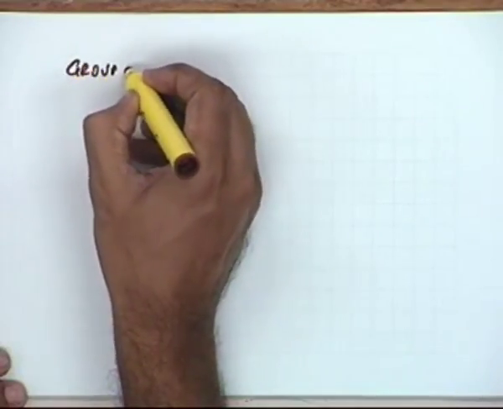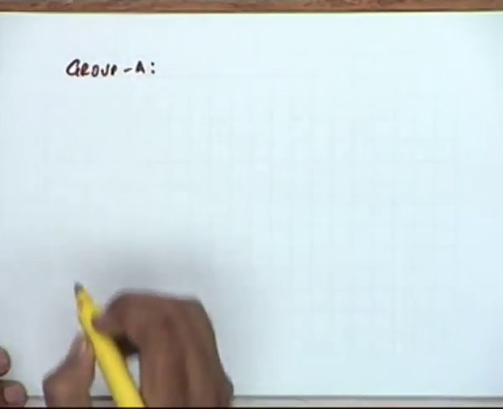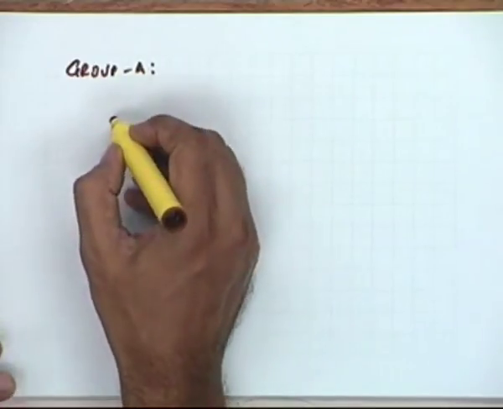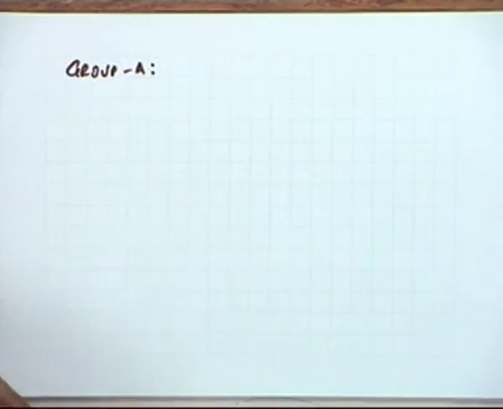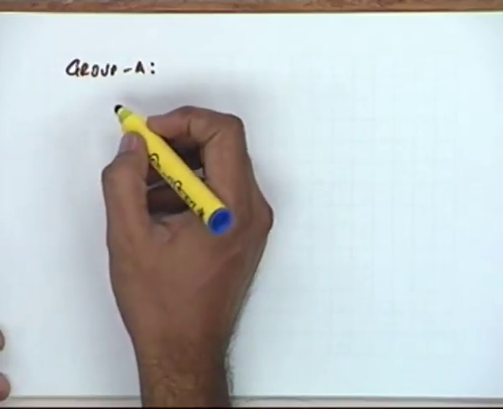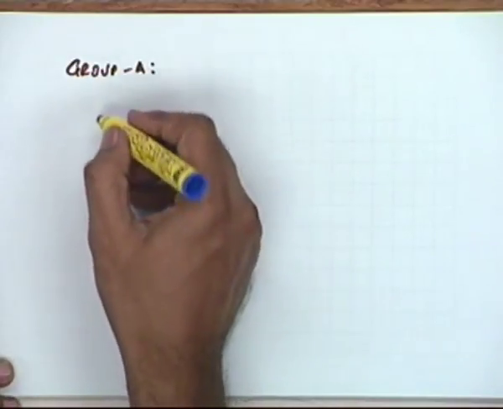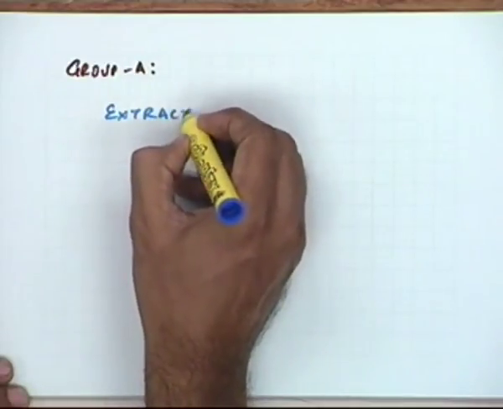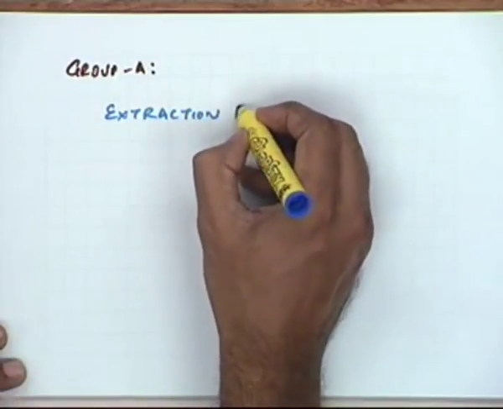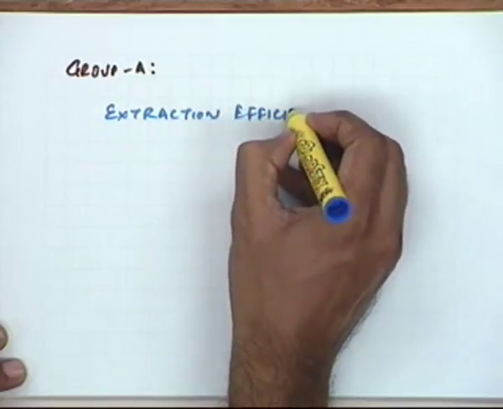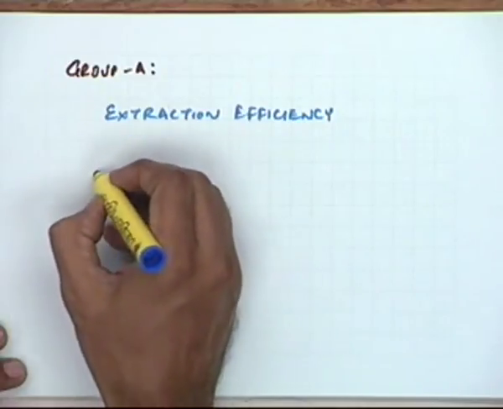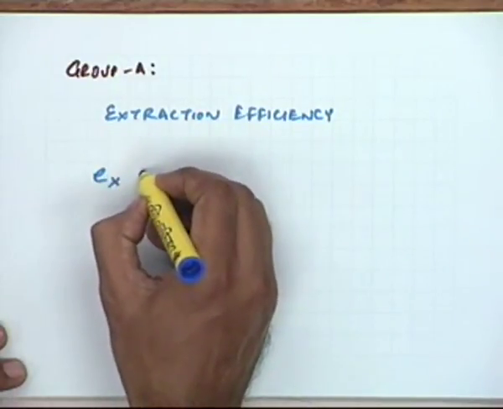Under group A, the various efficiencies which are quite commonly used. First one is extraction efficiency. What is extraction efficiency?